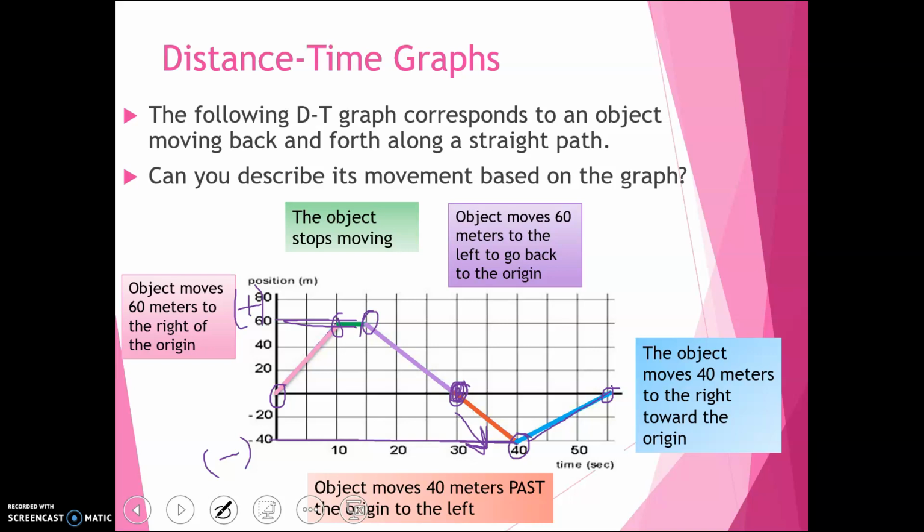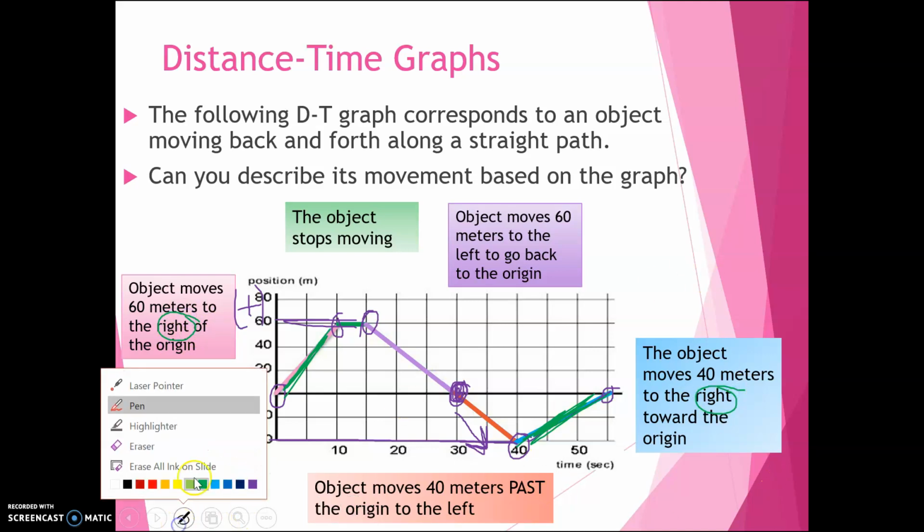So you'll notice in these scenarios that for these distance versus time graphs, if you have a slope that is positive, so this is your positive slope, this is your positive slope, notice how whenever you have these positive slopes, the object is moving to the right. And then the opposite for your negative slopes.